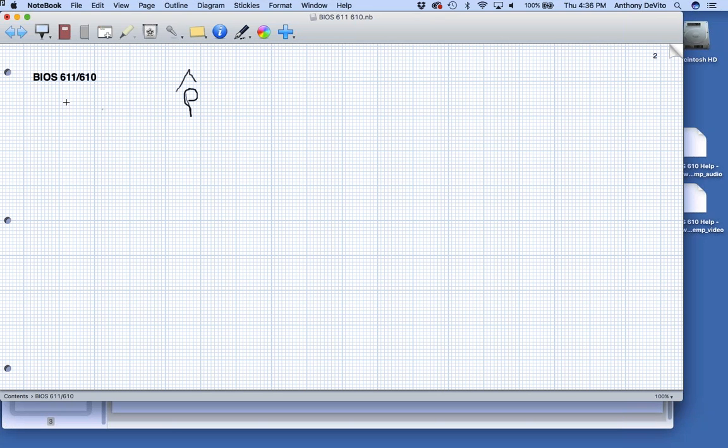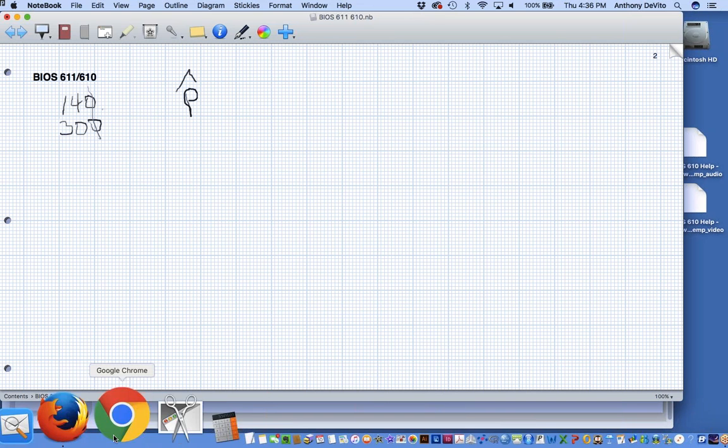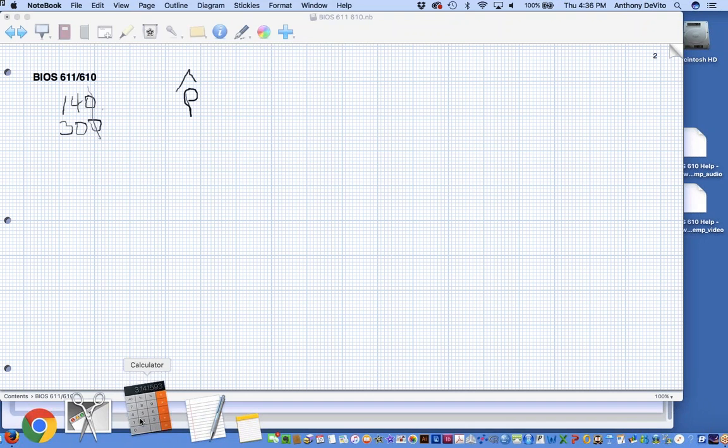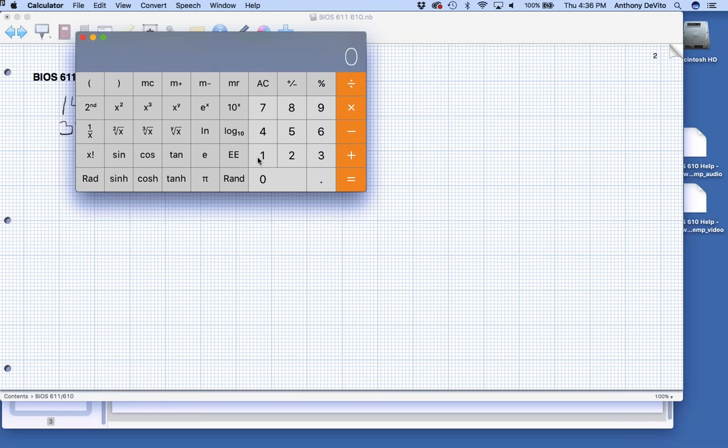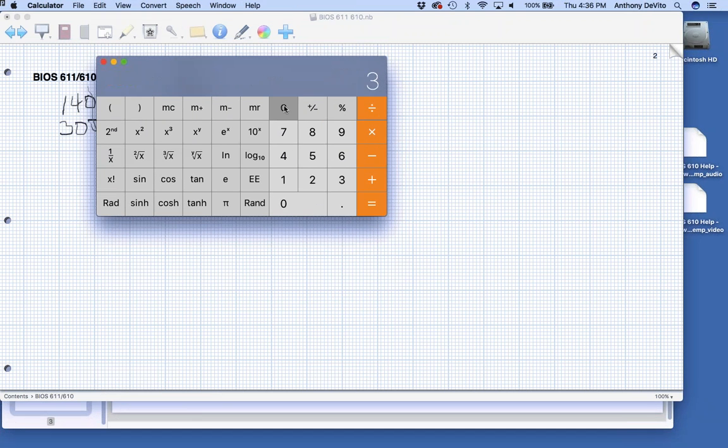Say we poll 300 people, and out of those 300 people, 140 say that they're going to vote for candidate A. So 140 divided by 300 is, I should be able to do this in my head, but it's a long day today. 140 divided by 300.